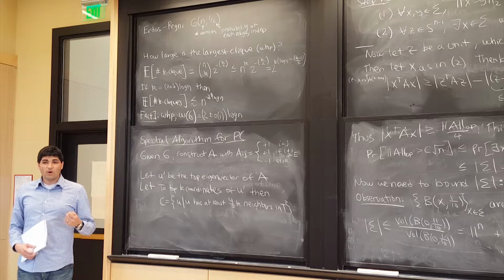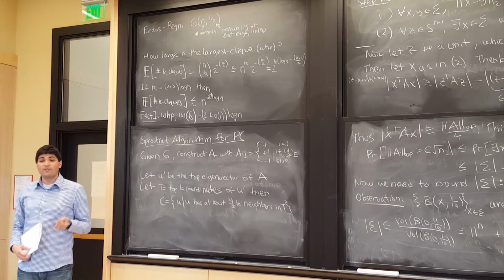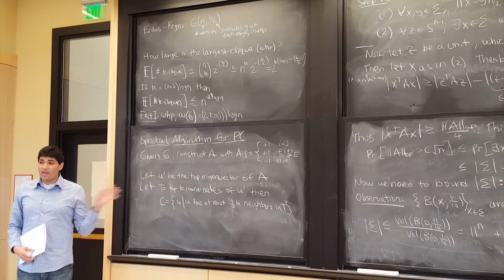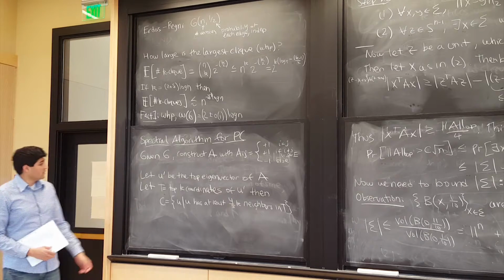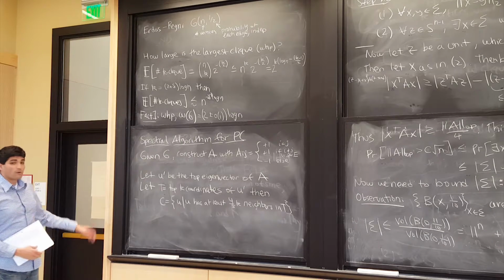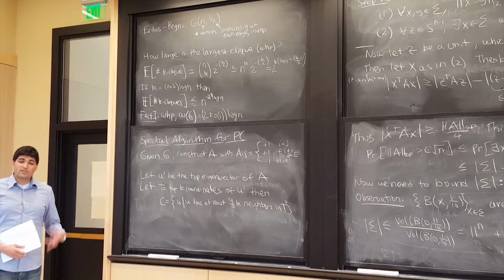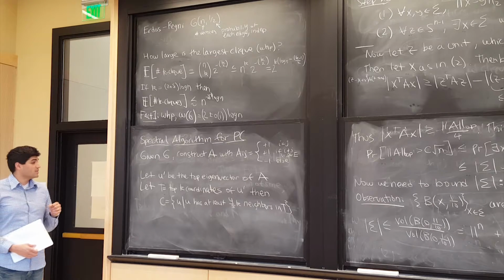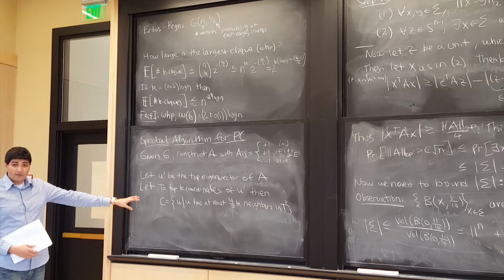But then we're only going to take in nodes that have tons of neighbors into that set, and that at the end of the day will be our planted clique. The statement is that this algorithm works with high probability as soon as the planted clique is at least C times root n. So does this algorithm make sense?